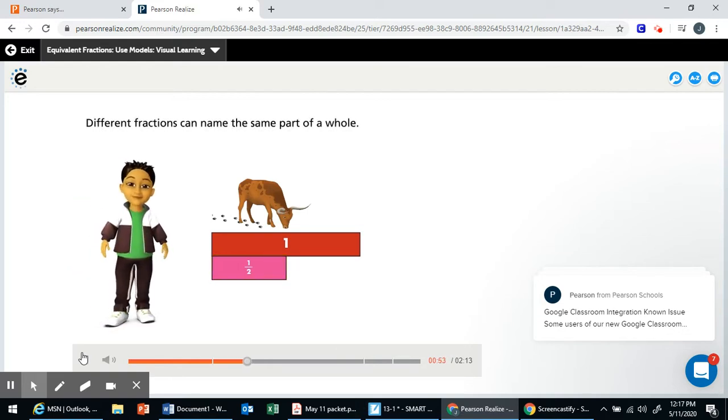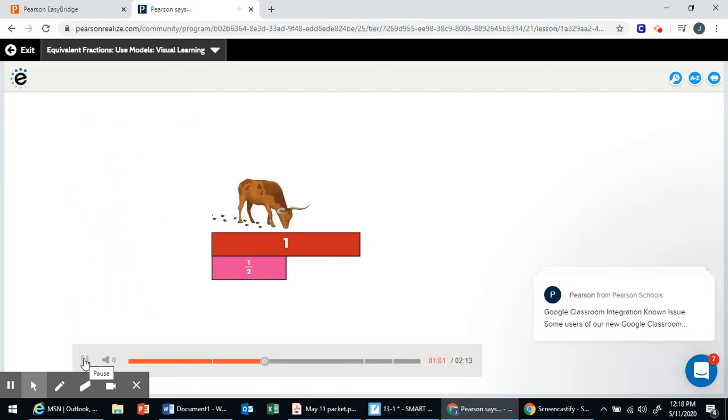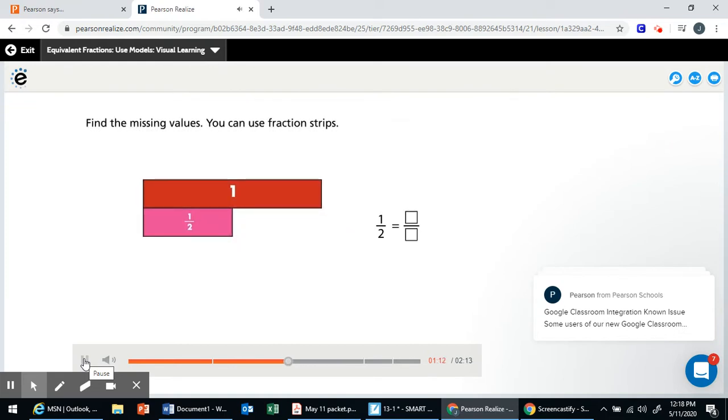Different fractions can name the same part of a whole. I know you can break a whole into lots of different parts. Fractions that name the same part of a whole are called equivalent fractions. Find the missing values. You can use fraction strips.